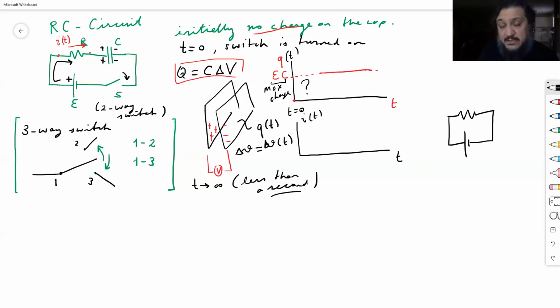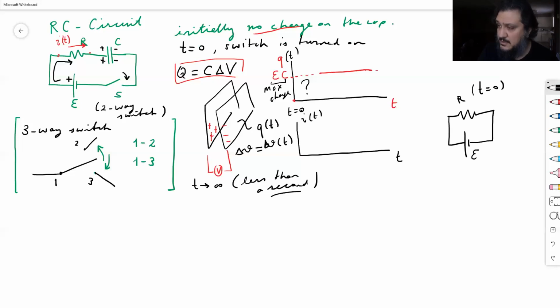When the switch is closed at t equals 0, it's as if those plates are touching each other pretty much, right? So there's the EMF and there's the resistance. So what current will be through this resistor?